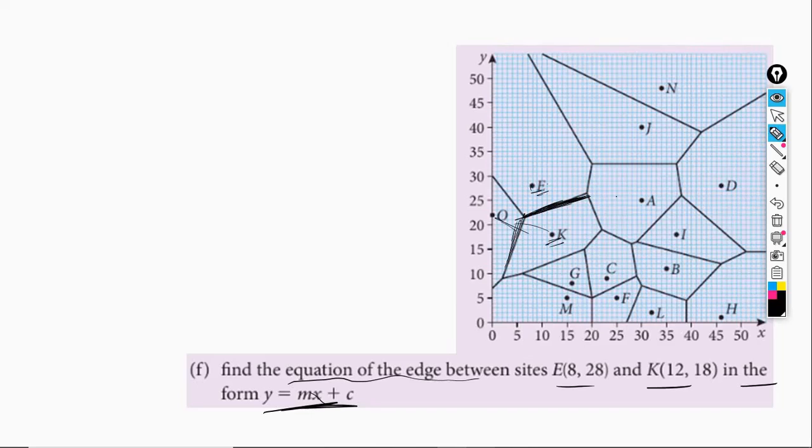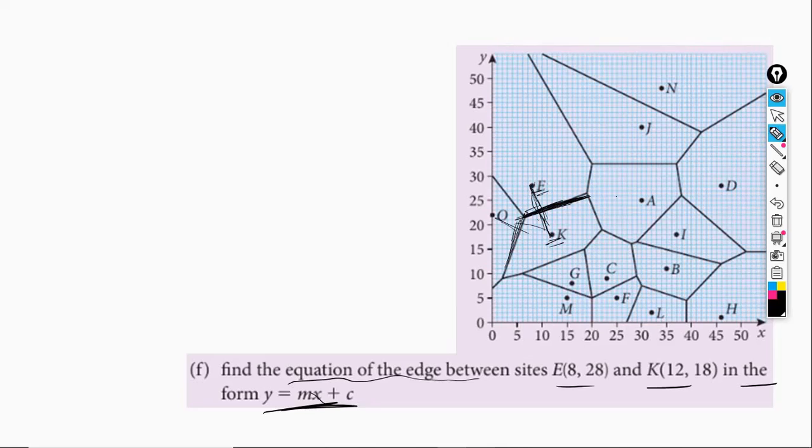That's the one we will have to find, right? So look, if I draw a line from E to K, I can see that it's perpendicular to their edge. And I want to find the equation of the edge. But I can use the slope of this line, the one that goes from E to K, to find the slope of the perpendicular. So let's do that.